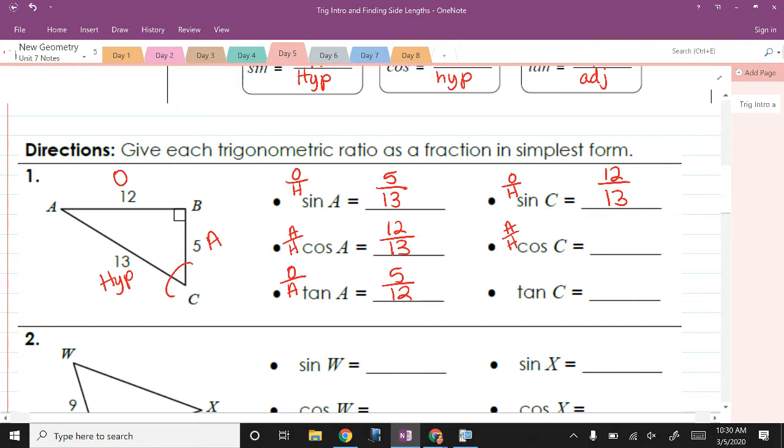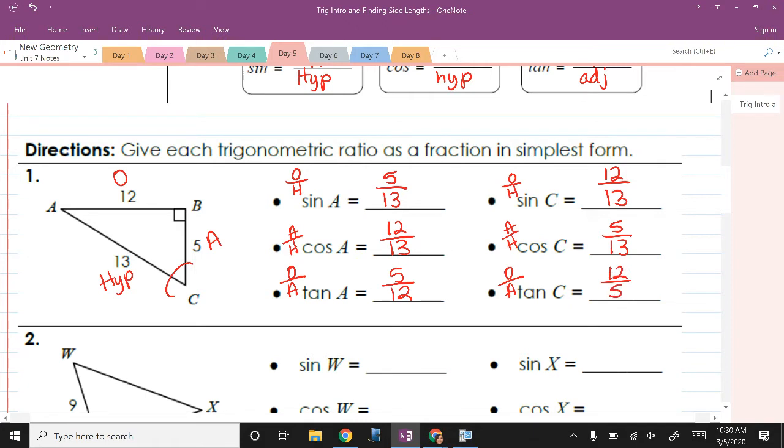Which one is adjacent? 5 over what's the hypotenuse? 13. And tangent is what over what? Opposite over adjacent. So what side is opposite? 12 over adjacent is 5.